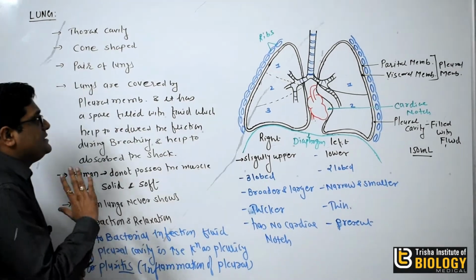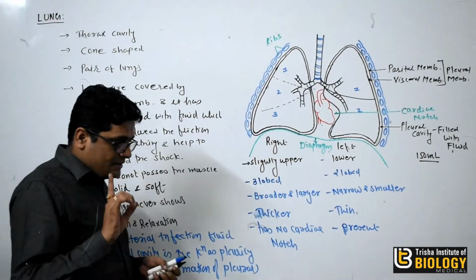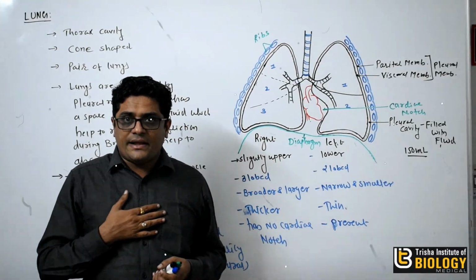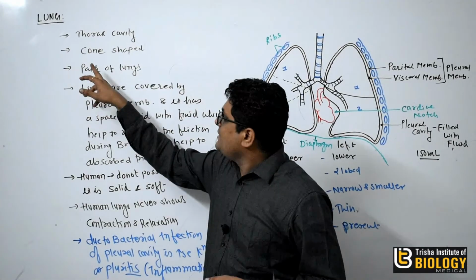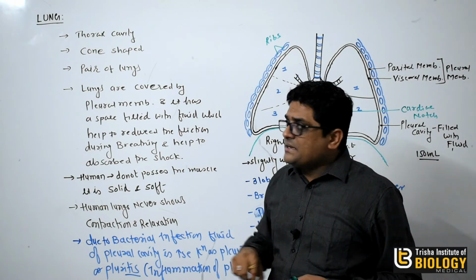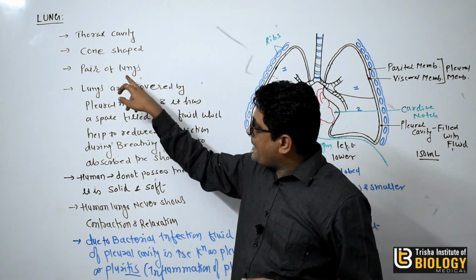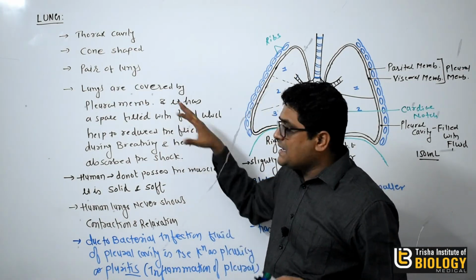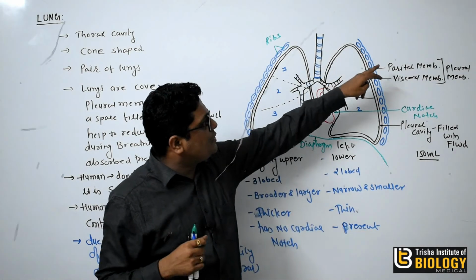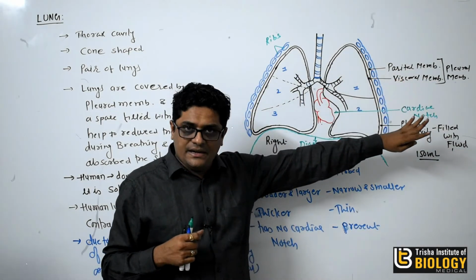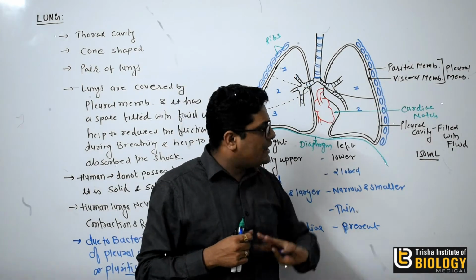Okay, so this is all about the lungs. First, the lungs are present in the thorax cavity. Second, the shape of the lungs is cone shaped. A pair of lungs is always present. The lungs are covered by the pleural membrane, the outer layer known as parietal, the inner one known as visceral. Combined, it is known as the pleural membrane.